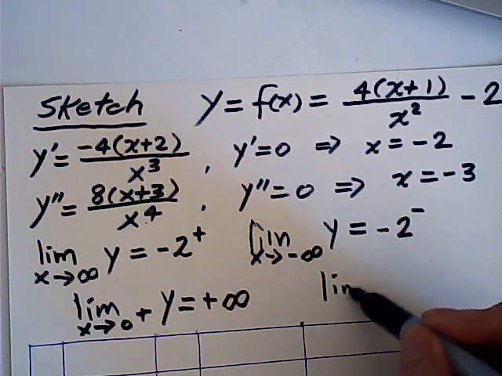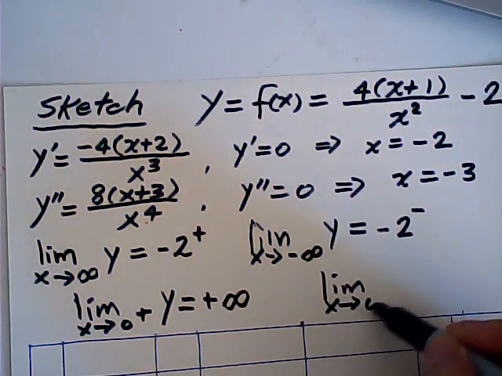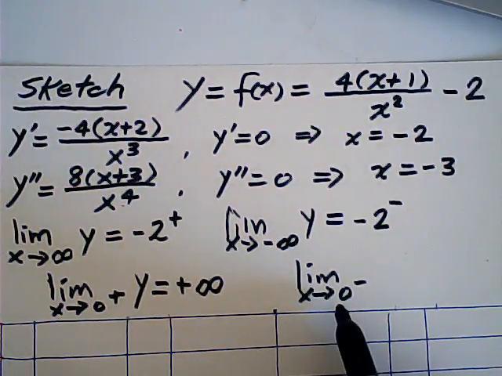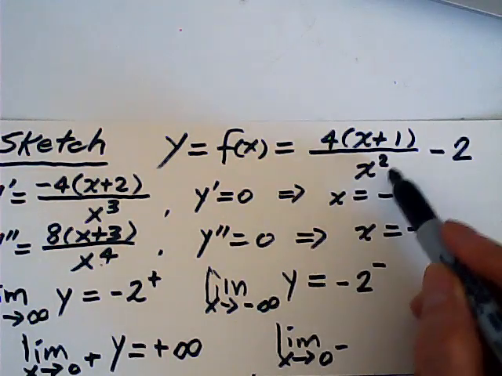Now, when x approaches 0 from the left-hand side, when x is a very small negative number, this is also positive.